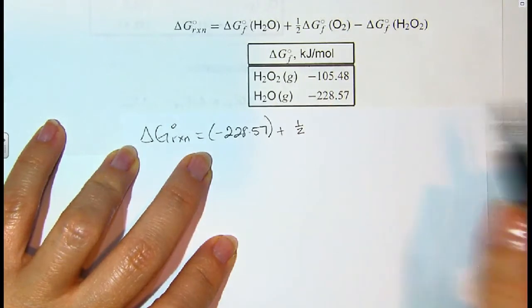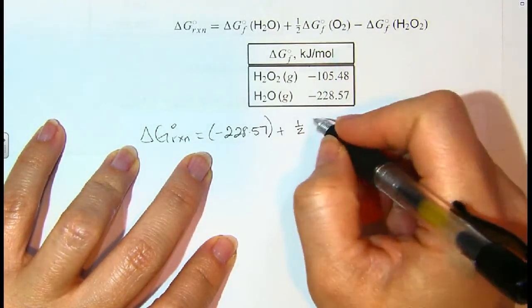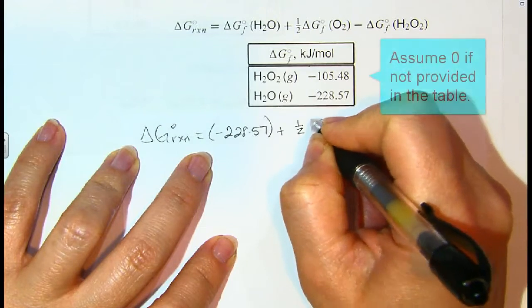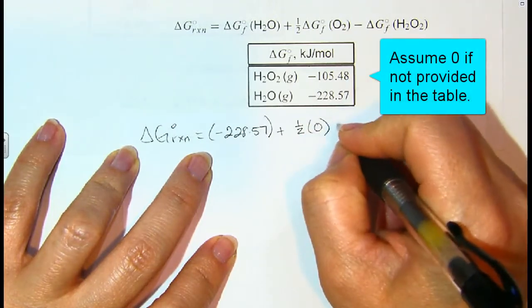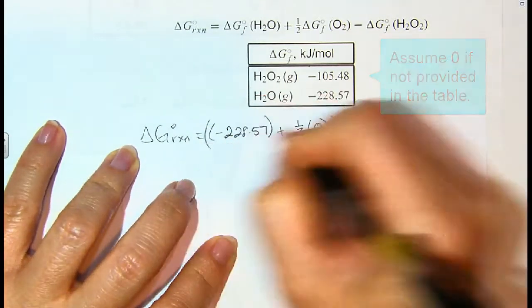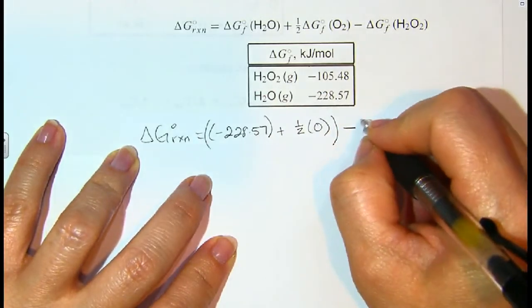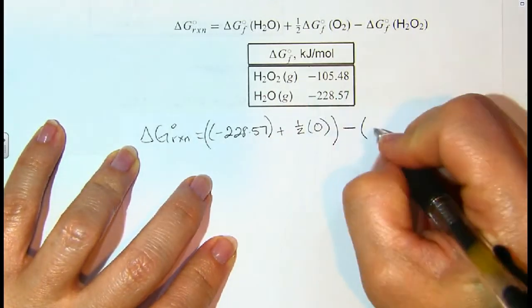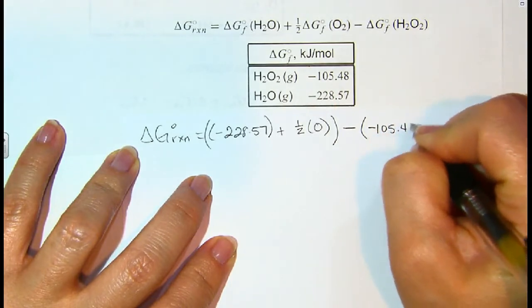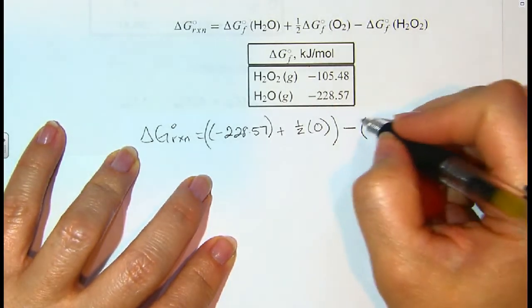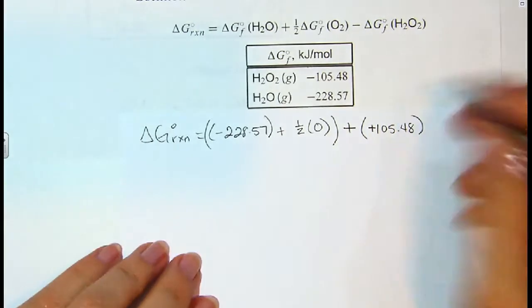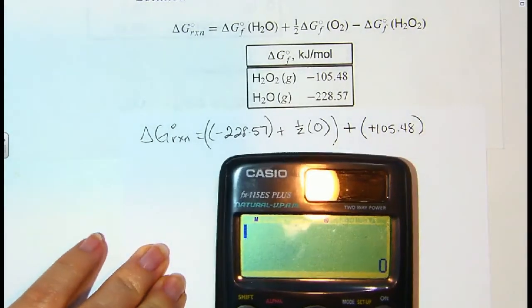However, because oxygen is in its standard state, the value for this is going to be 0. And then we're going to take these two, combine them, and subtract the delta G of hydrogen peroxide, which is negative 105.48. And we'll notice here that the negatives turn into positives, and they essentially add together.